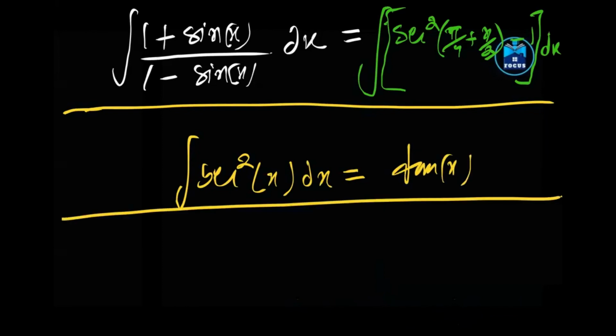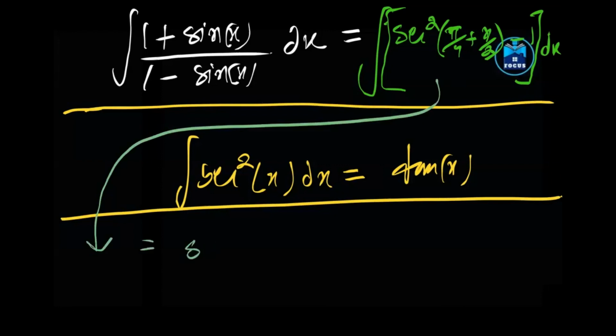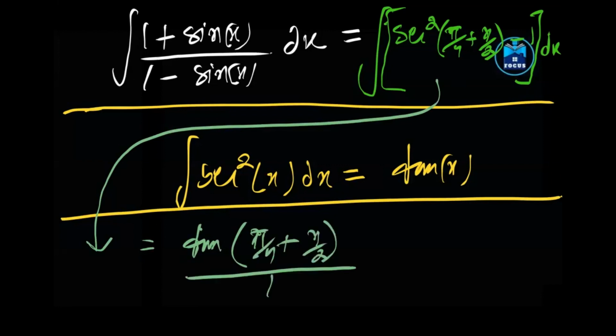So if you already know this, I'm just going to write the solution by using the formula you have told me. That is, I can write it as tan(pi by 4 plus x by 2) divided by 1 by 2. Do I have to also write 1 by 2 in the denominator? You have to, but you can write 2 in the numerator.